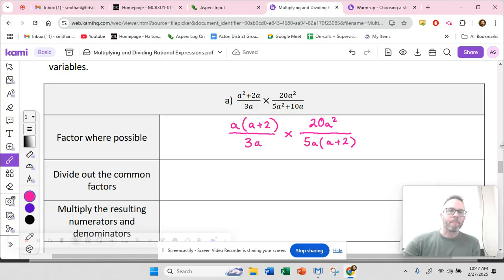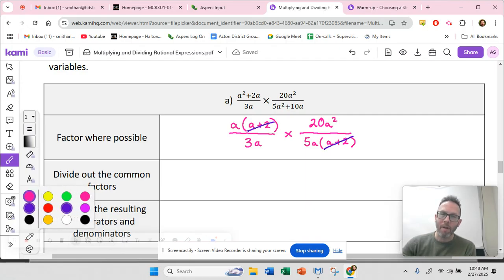So I'm going to divide out those two common factors. And now, personal choice. If you want to keep dividing out a's and dividing 20 by 5 and everything you can, go for it. For me, it just makes things a little bit clunky.